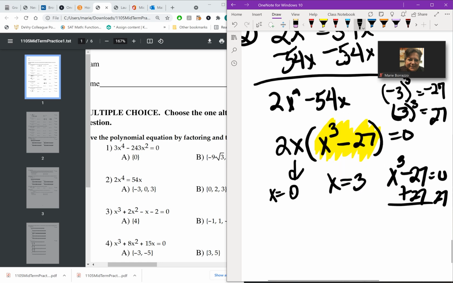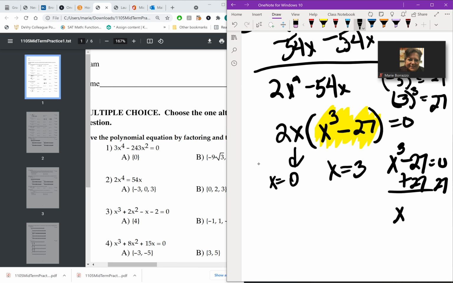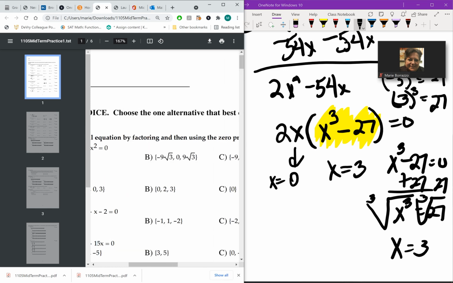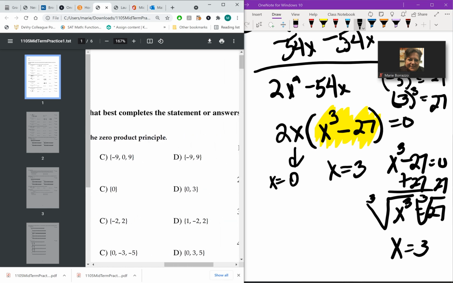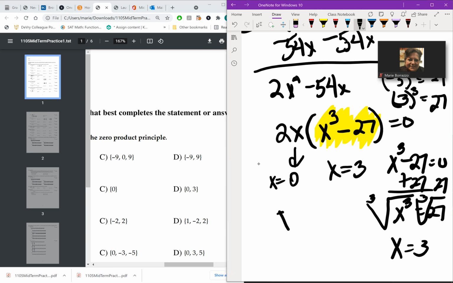And that's going to give you x cubed is equal to 27, which when you take the cube root on both sides, you will get x is equal to 3. So you only have 2 solutions to choose from here. In this case, your first solution selection should be D, which is 0 and 3, and not negative 3. So don't get confused with that.